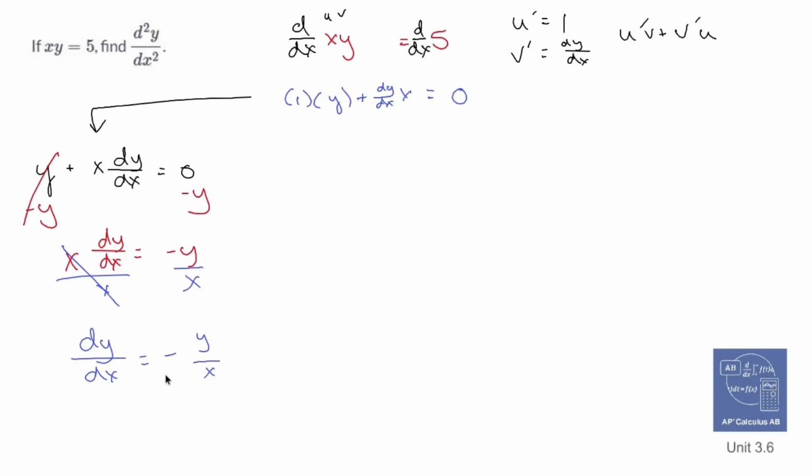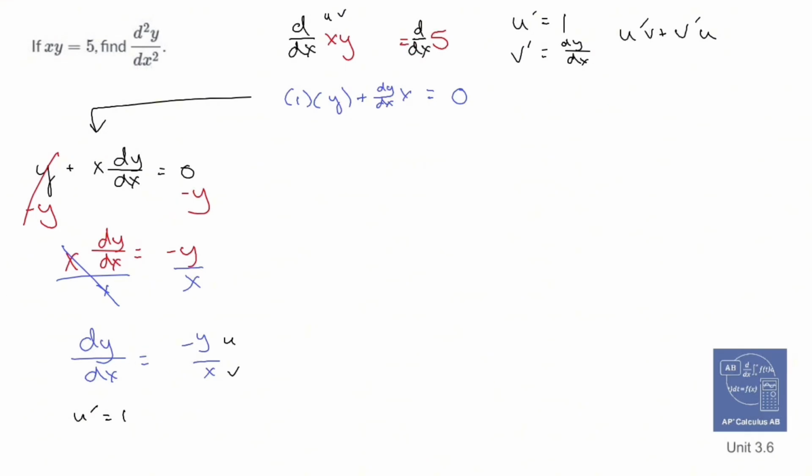All right, no big deal. But I have to take the derivative of it again. So that's going to require the quotient rule now. So u over v. So u prime would be 1. We'll have the negative attached to u, so we'll keep the negative right there.